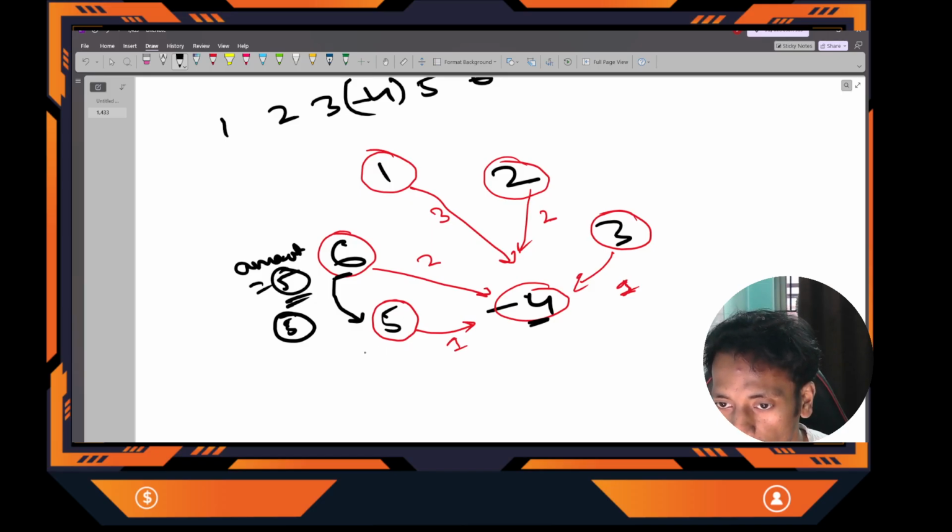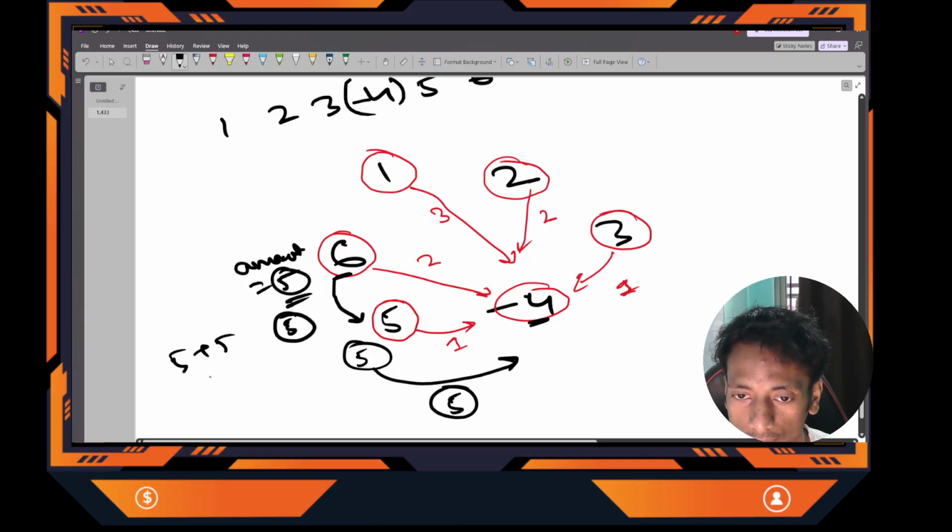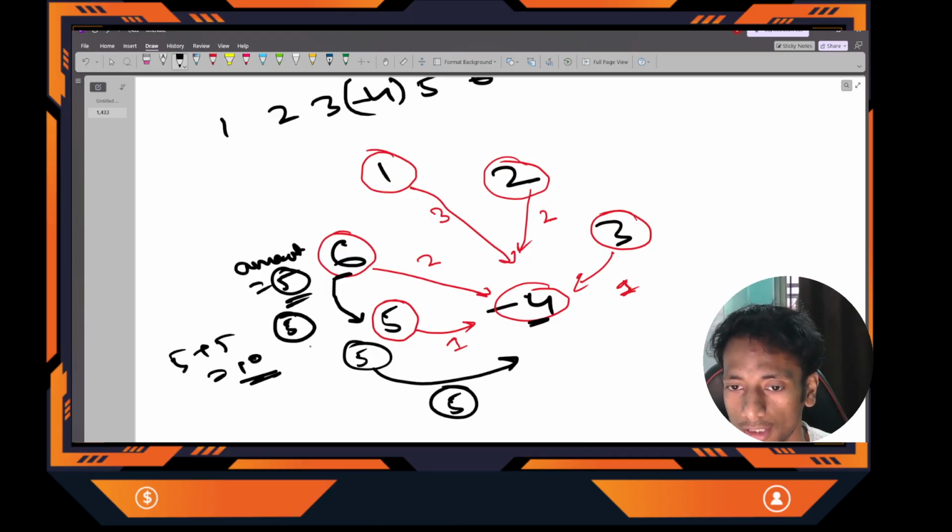Okay, next, now this balance will be 5. Now I want to transfer this to this element, so again it will take 5 moves. So how many moves are required? 5 plus 5, it is 10, correct. To achieve only 5 balance, I have to do 10 moves.